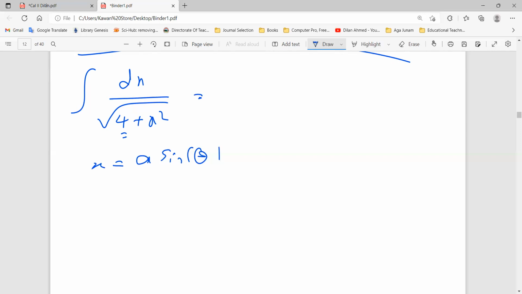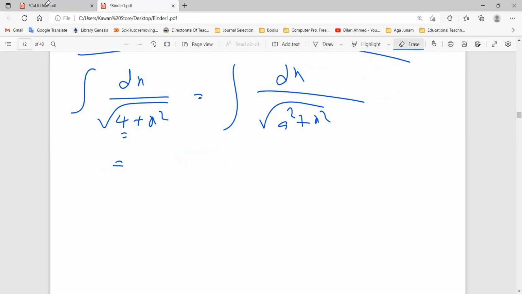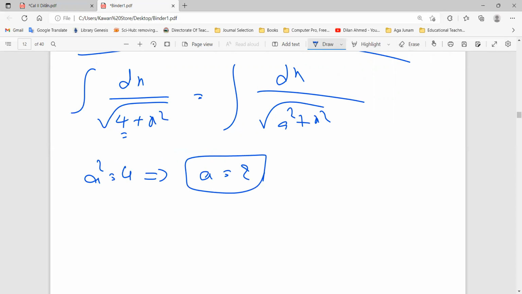So I'm going to compare that one with the formula a squared plus x squared. So that's why I say a is equal to 2. Understood? And I say x is equal to a tan theta, which means 2 tan theta. What's theta? It's nothing, theta is an angle. Understood, dear? This is the first.